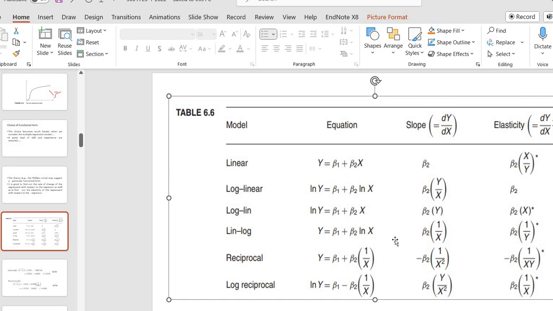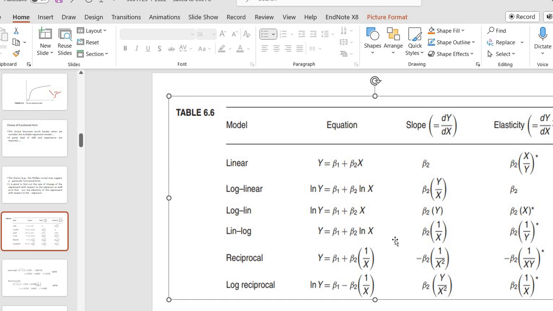So suppose I have an option of whether to go with the linear model or the log-linear model, the first one or the second one. What is the criterion to decide between these two models? Well, most people say that the criterion is to see which model has a high R square value, but that's not the right answer. The right answer is that certain criteria have to be satisfied.